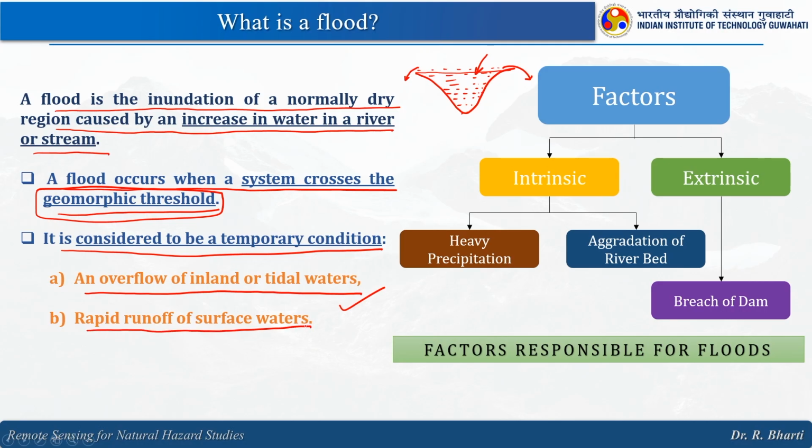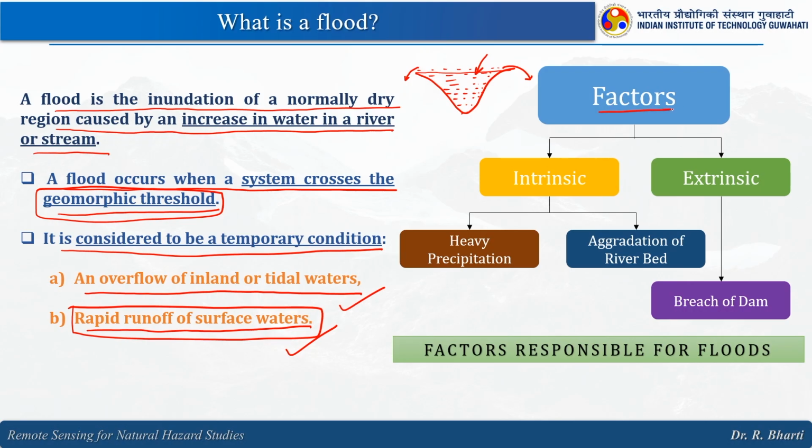In a flood, we have an excess amount of water which cannot be controlled or maintained by our fluvial system and that gets overflowed. So here it is rapid runoff of surface water. This is the scenario when we have a flood.